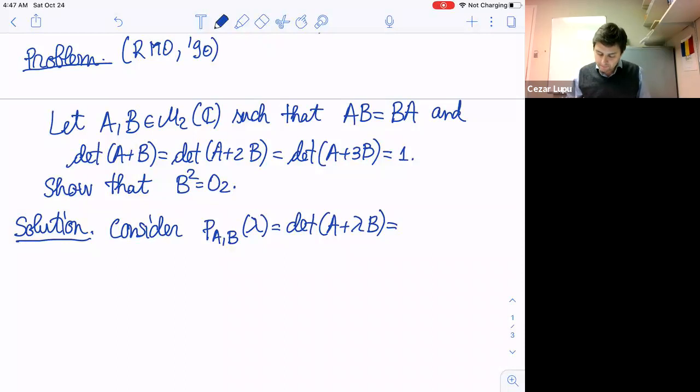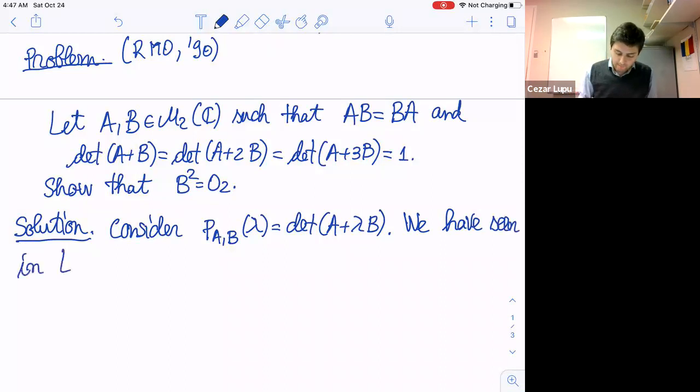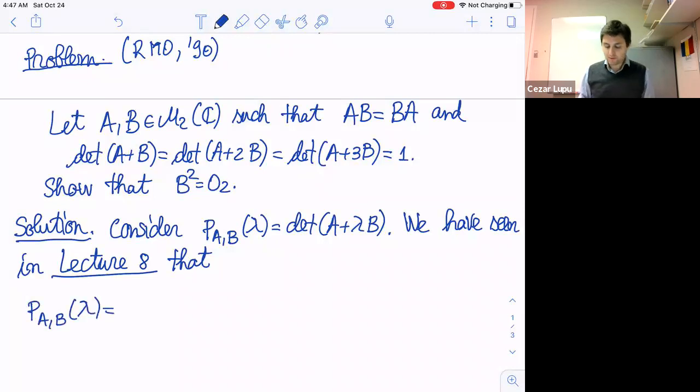Okay, let me write it in this way. We have seen in lecture 8 that PAB of lambda is equal to, so let me write it again, the determinant of A plus lambda B. We have seen that actually we can write this in the following way.